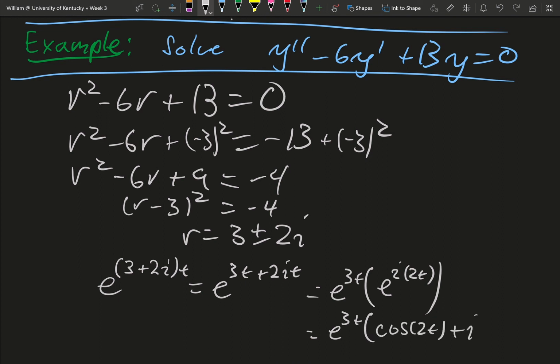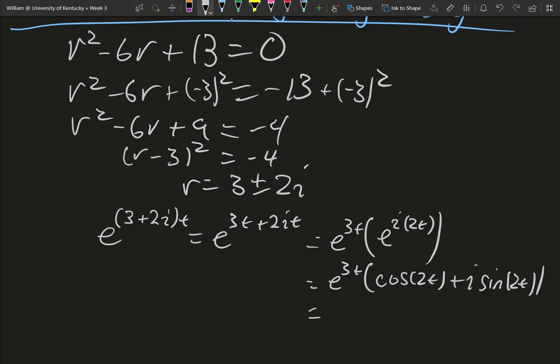Use our Euler's formula. And now we'll take the real and complex parts separately.